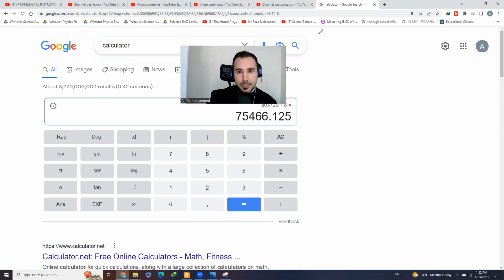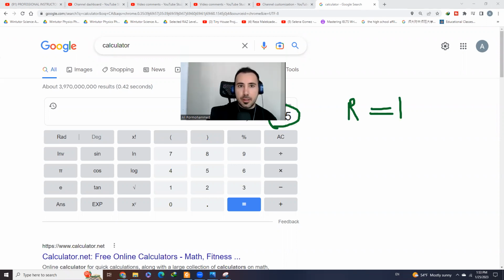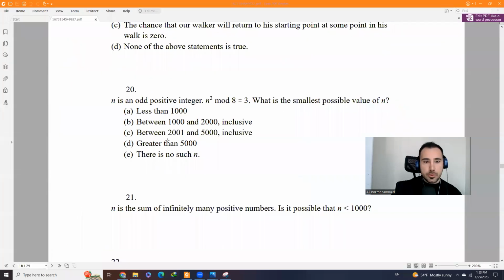You see, it becomes 0.125, and that shows that the remainder will again be 1, okay? So I think that's very clear. So my answer to this question would be there is no such n, okay?